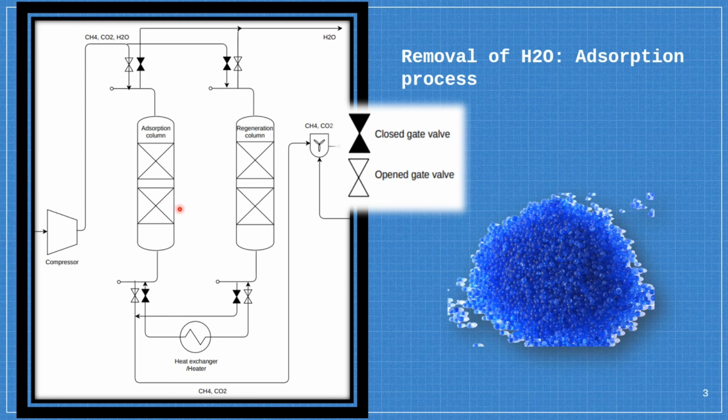When the silica gel is saturated, the valve of the first column is closed and the column will undergo regeneration by supplying heat to the silica gel. Meanwhile, for the second column, the valve will be open and the adsorption process of the biogas stream will be continued here. These two columns work alternately with each other. Thus, leaving these units will be the stream containing methane and also carbon dioxide.